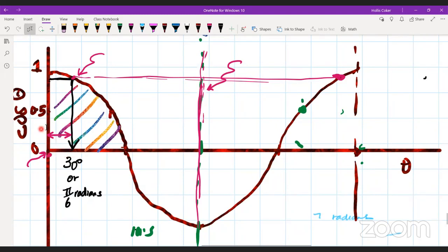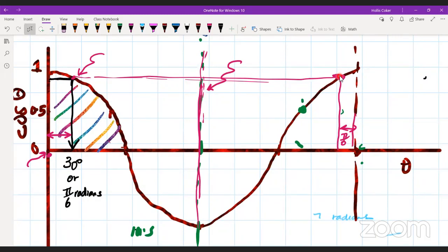The length of this arrow here is actually pi on 6 radians. Yes. Right, so if I draw this line down from here, the distance from here to here will be the same, pi on 6 radians.